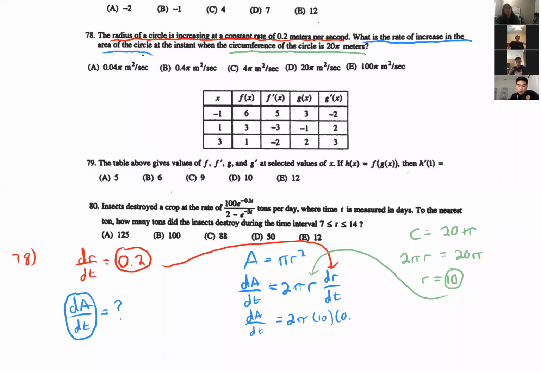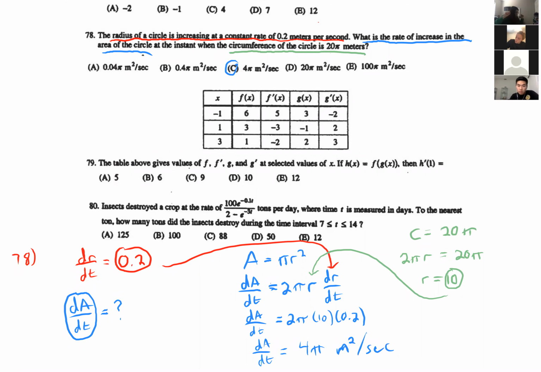Well, 0.2 is 2/10. So you do 10 times 2/10 is just 2. So 2 pi times 2 is 4 pi. So that's going to be letter C. So dA over dt, when you simplify this, you get 4 pi square meters. The area is changing 4 pi square meters each second.